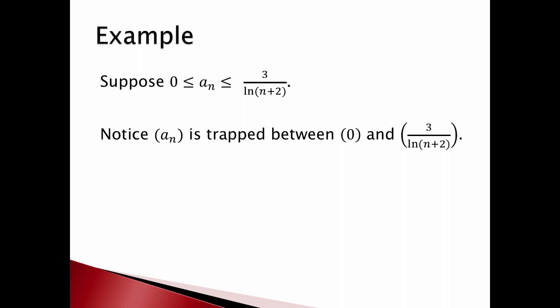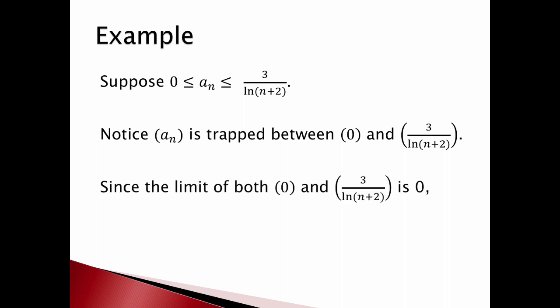The denominator wins, so that whole sequence has a limit of 0. So I've got a sequence a sub n that's trapped between two other sequences, 0 and 3 over log of n plus 2. Both the smaller one and the bigger one go to 0. So a sub n is trapped too. It doesn't have anywhere to go. Its limit has to be 0 also.